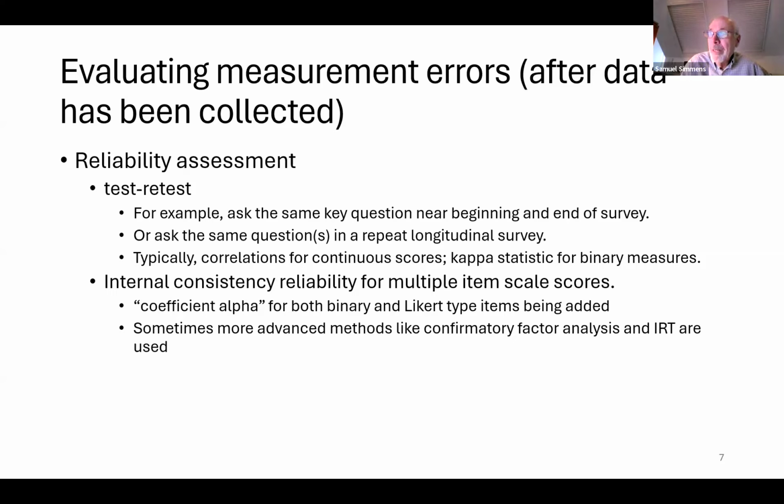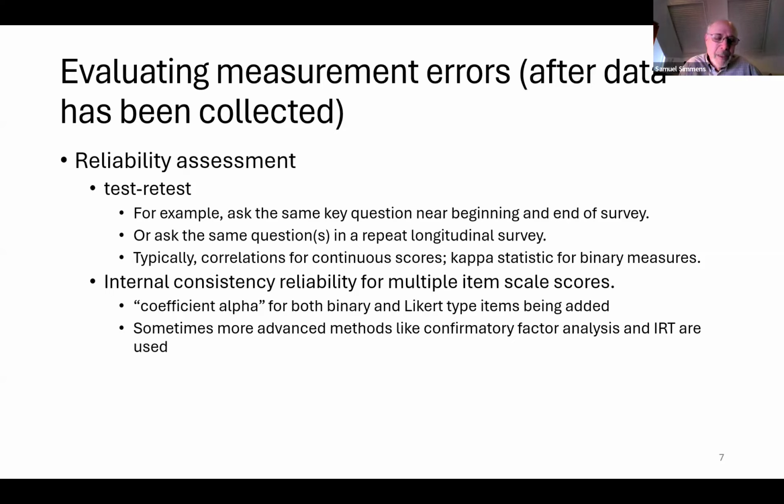If you have a repeat longitudinal survey, then it's much easier to just repeat questions: the initial survey, and then the 3-month survey, and the 6-month survey. For some questions, you might expect that there would be no change at all over time. In that case, the reliability coefficient between time 1 and time 3 is sort of an absolute measure of reliability.